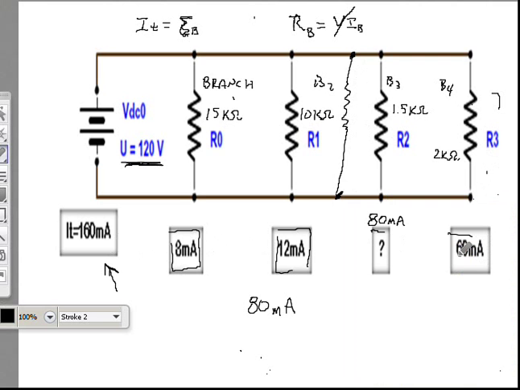Nothing's going to change for each branch because each branch still has its same resistor and still has the same voltage going through it. So all we're going to do is add another path for current to flow, which means we increase the current. If we increase the current and we have a constant voltage, then the resistance of the circuit has to go down. That's Ohm's law.